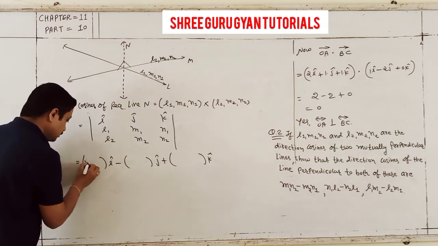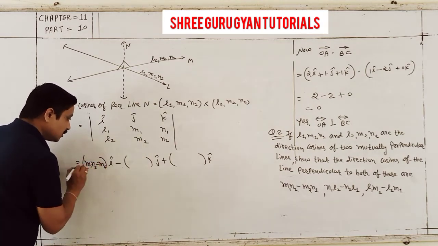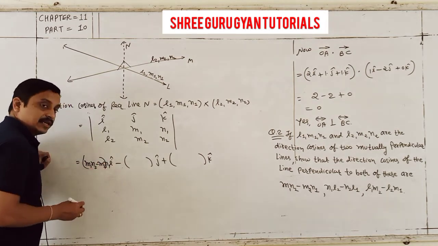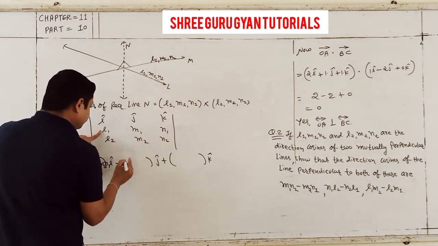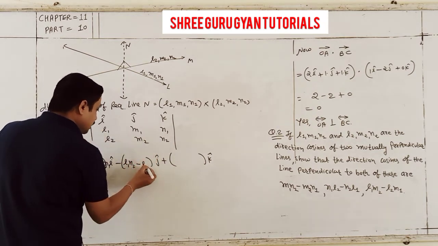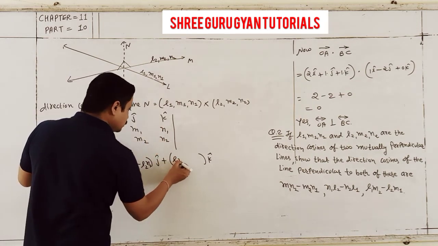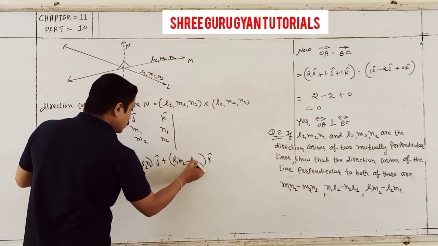M1 N2 minus M2 N1. And next students, here L1 N2 minus L2 N1, and at the last is L1 M2 minus L2 M1.